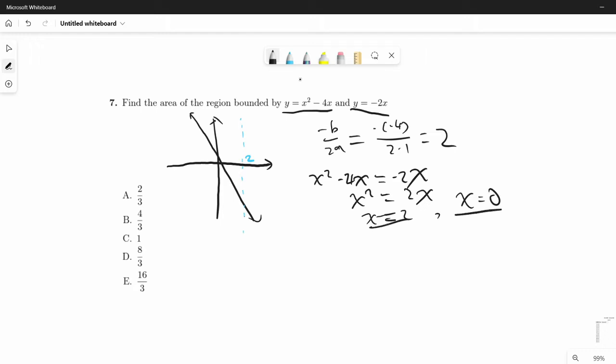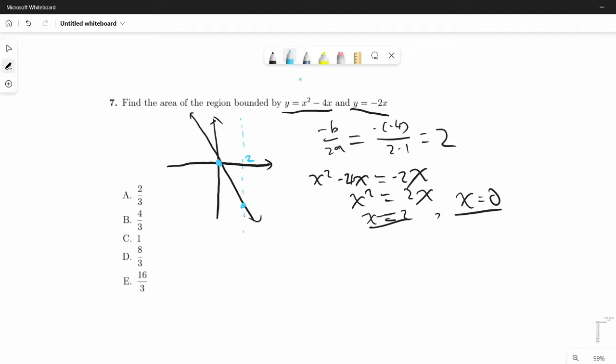That means they intersect at these 2 points. Since we already have the function graphed right here, this parabola intersects this line at 0, 0, and it intersects right here at 2, -4. You plug in 2 here, you get -4, and 0 for 0.